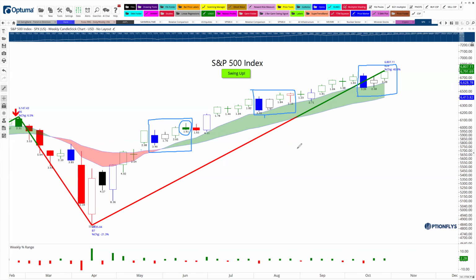So we're going to go back. This was a higher bar after this. This was a lower bar after this. So we're going to watch next week and see what happens. But these are two different bars.